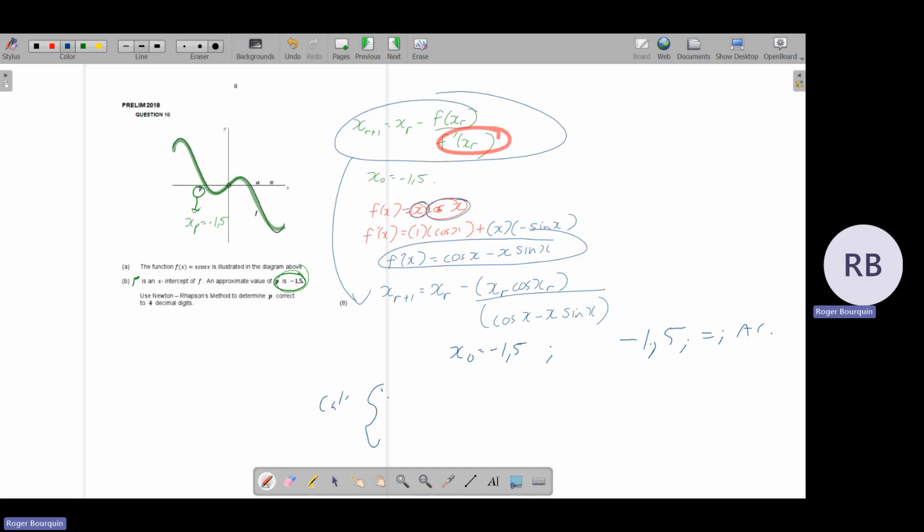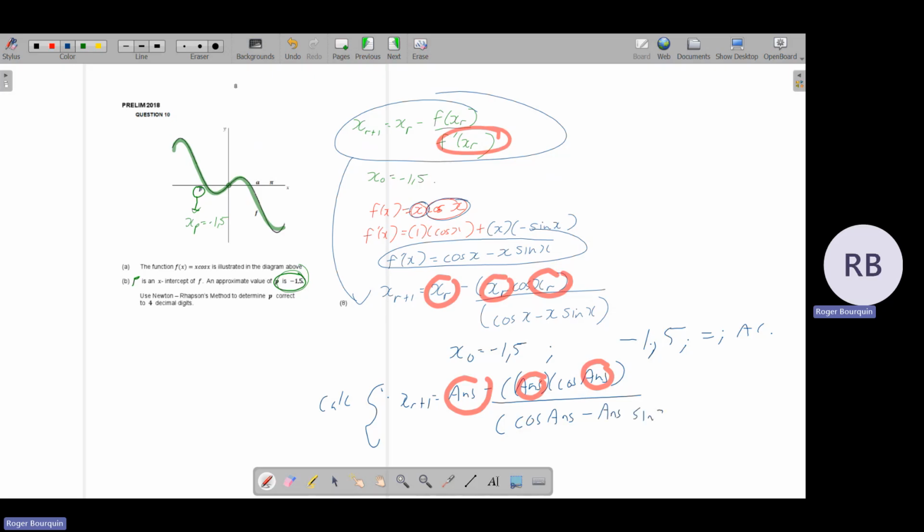You don't have to write this down obviously, but on your calculator you're going to have xr plus 1 is equal to answer minus answer times cos answer over cos answer minus answer sine answer, making sure you're in radian mode.